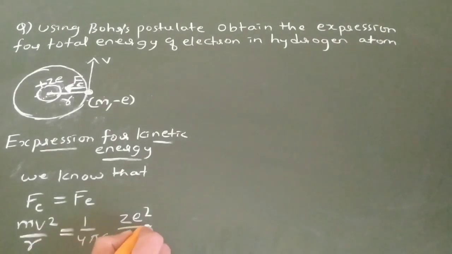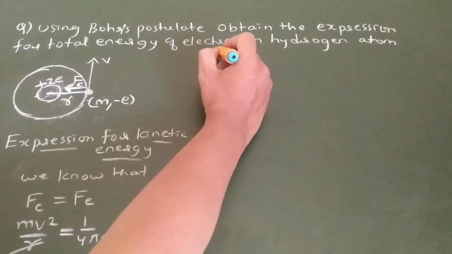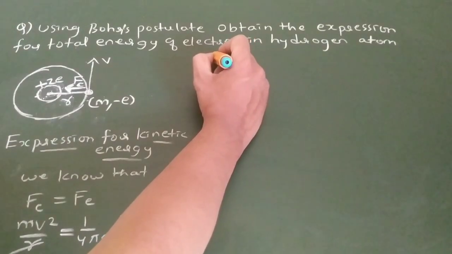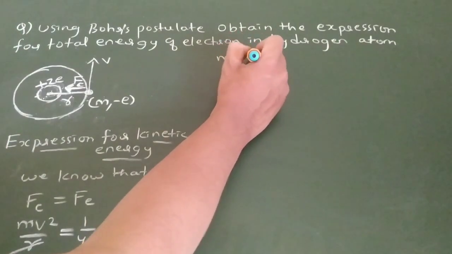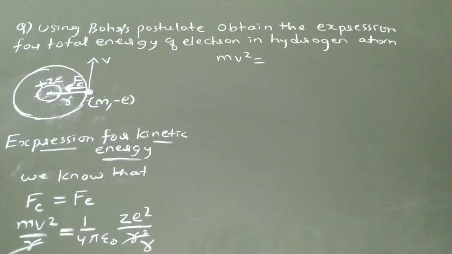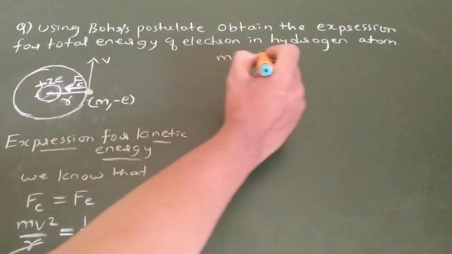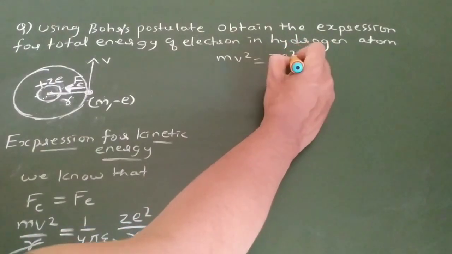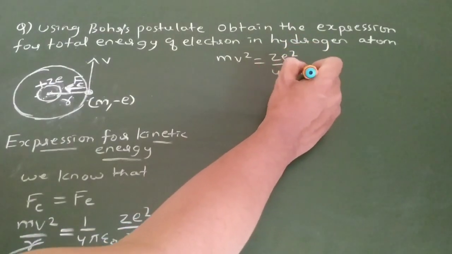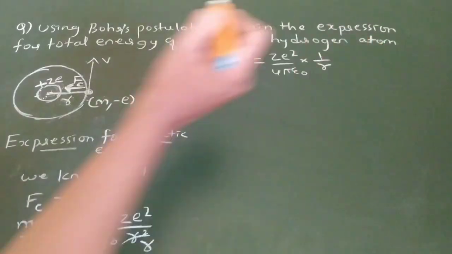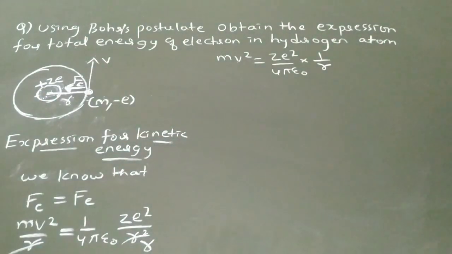We can cancel r, and one r remains. So mv square is equal to Ze square divided by 4 pi epsilon naught into 1 by r. Why am I doing this? Because I want the value of kinetic energy, which is half mv square.